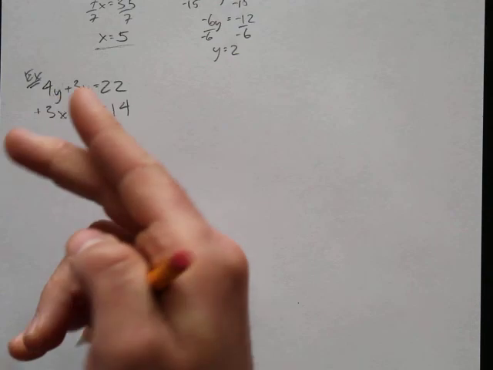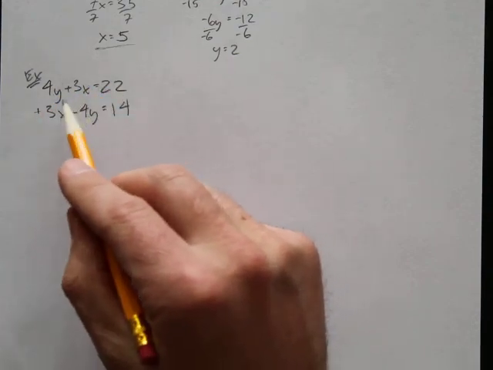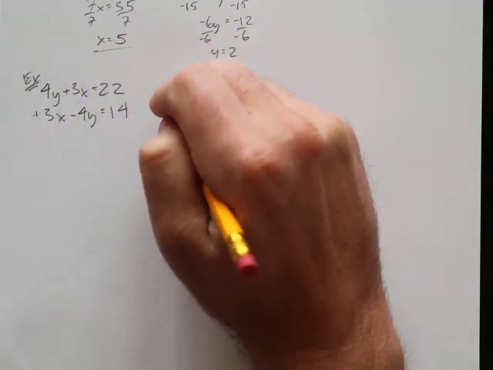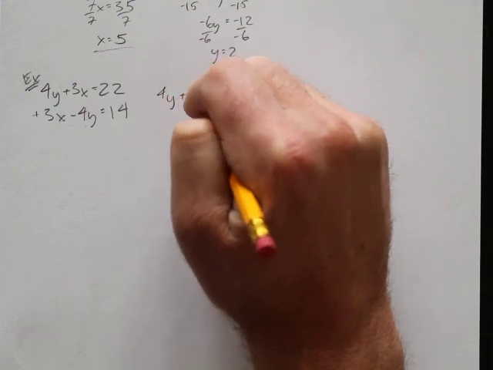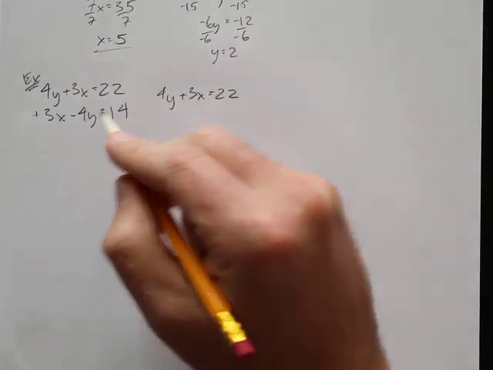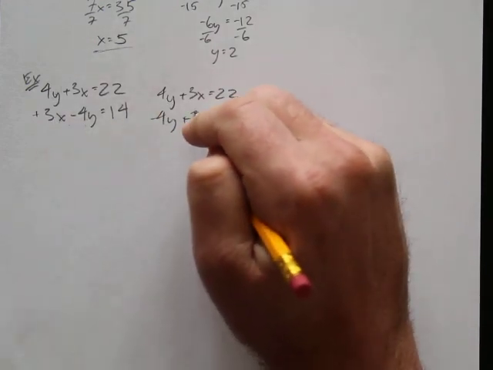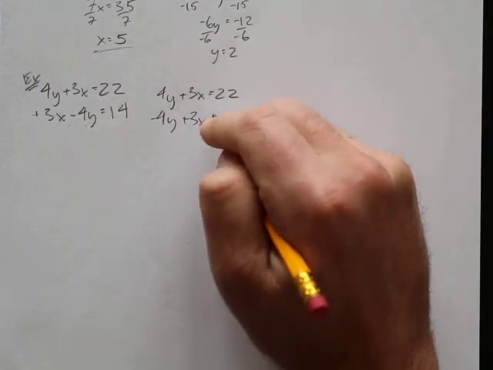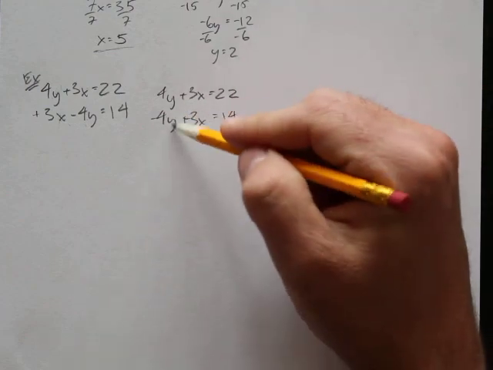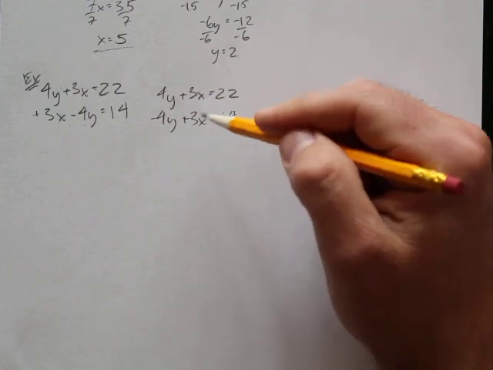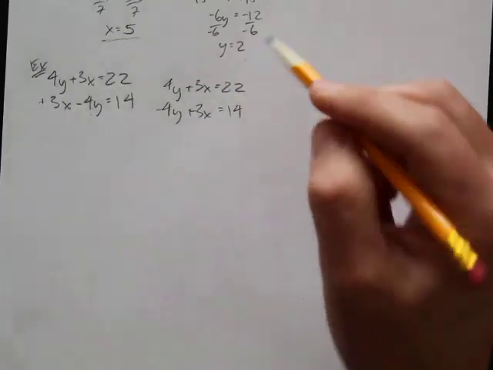So if I just flop them, then it'll look like this. 4y plus 3x equals 22 over negative 4y, I just moved the negative, and positive 3x equals 14. Now I've got y's on top of each other, x's on top of each other, or lined up, however you want to say it.